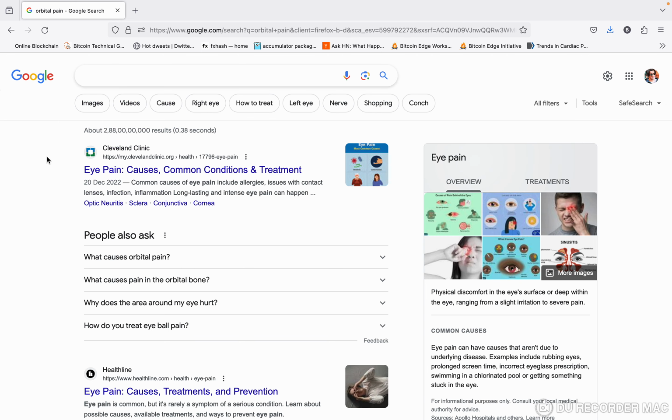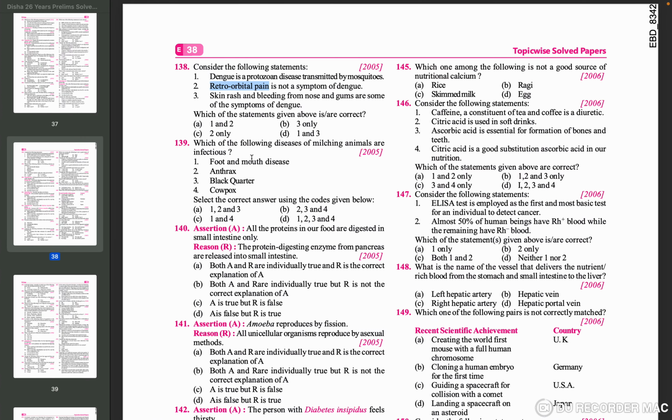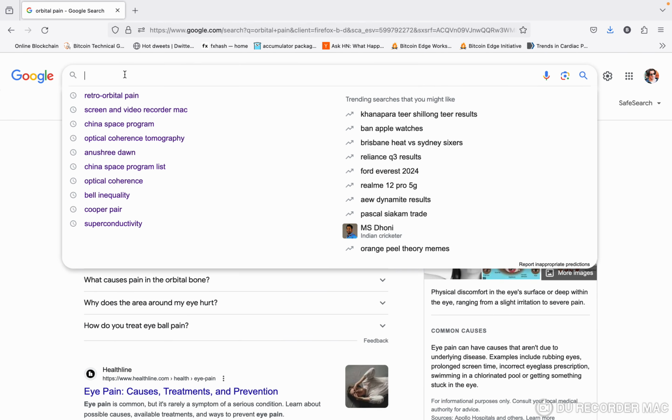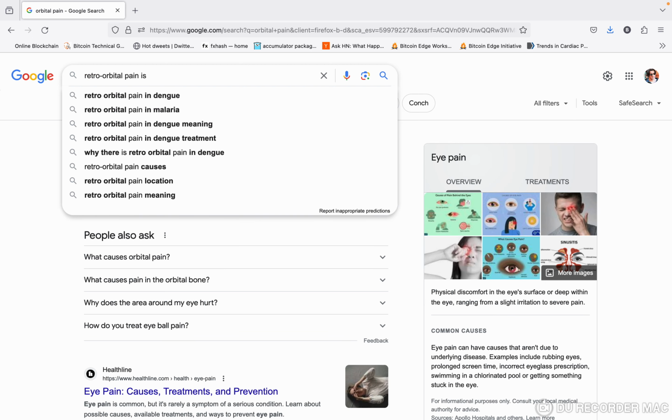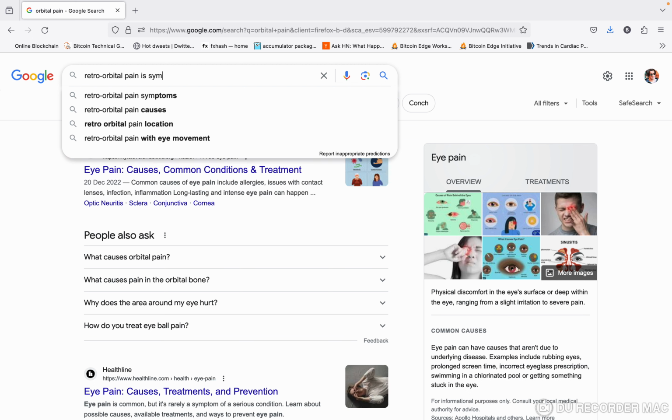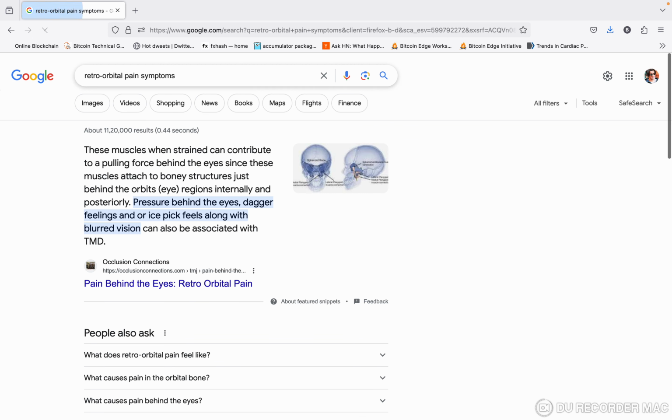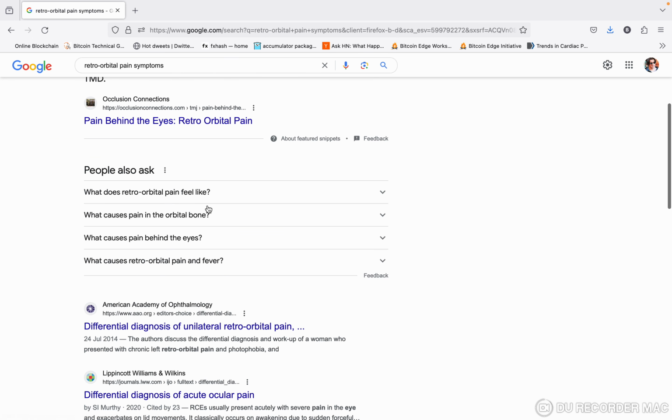So that I knew. Then second thing is, retroorbital pain is a symptom for what, right? So retroorbital pain symptom. Okay.